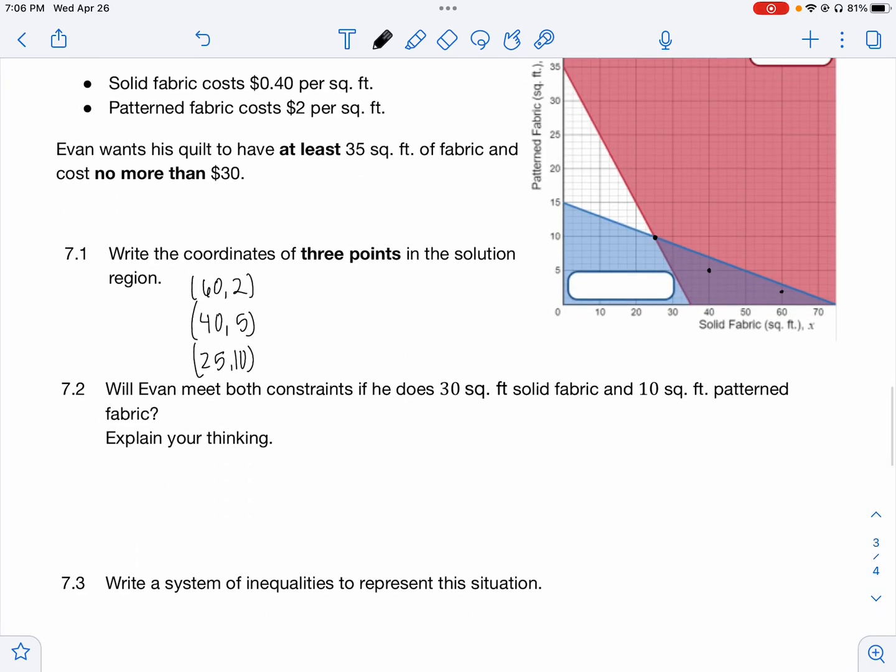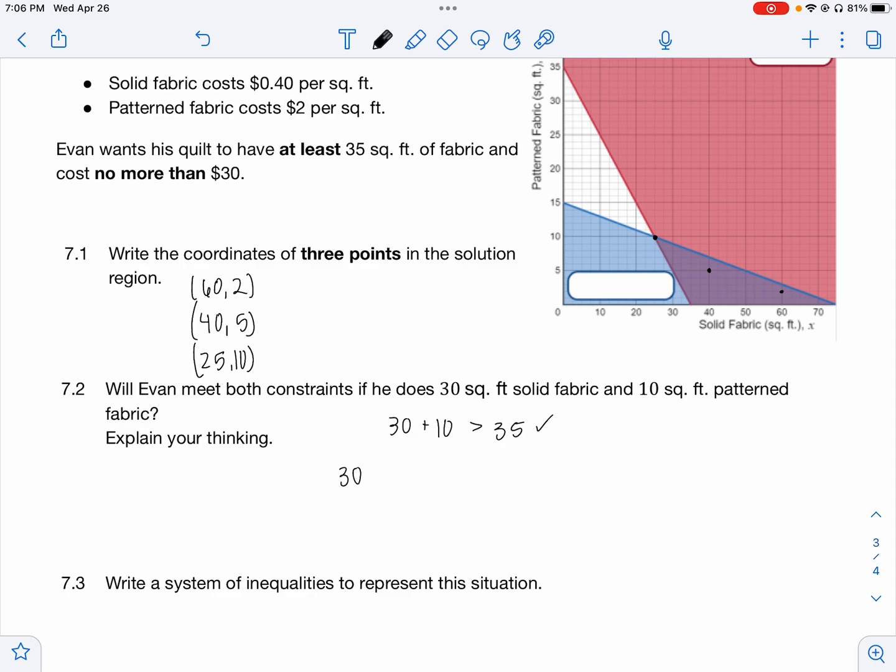Okay, will Evan meet both fabric restraints if he does 30 square feet of solid fabric and 10 square feet of pattern fabric? So 30 plus 10, that is greater than 35, so that's good.